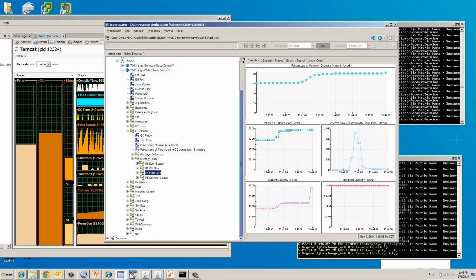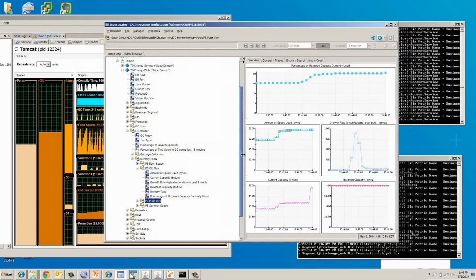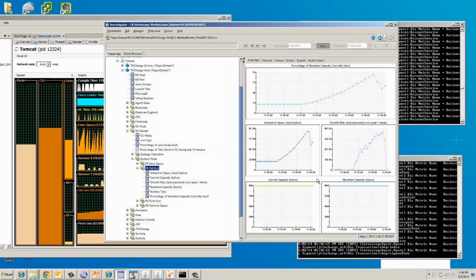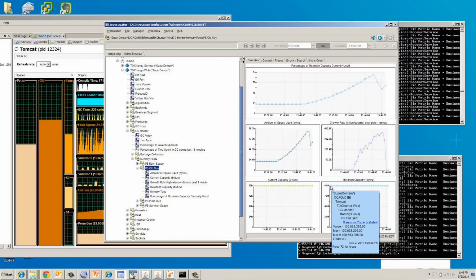Let's take a look at the old generation. So now we're going to open up the old generation. I suppose I can do this. This is better. From here, I can look again at my maximum capacity. Where's my maximum capacity in here? It's right here, about 96 megs.